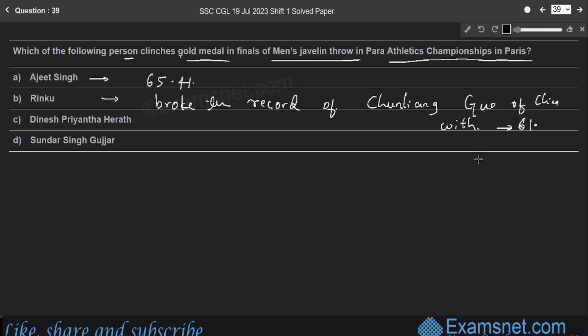So 61.89 was the record. Another countryman, Rinku, won the silver medal with a best throw of 65.38. Whereas Ajit Singh clinches the gold medal. Option A is the right answer.